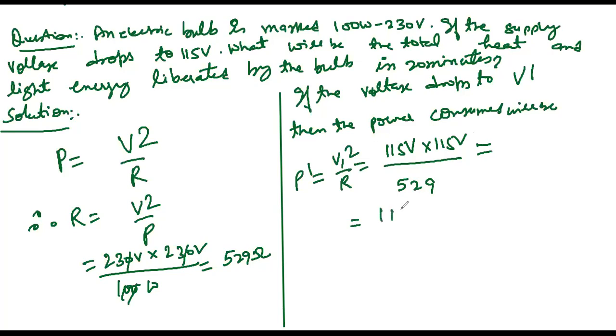This can be written as 115 into 115 divided by 23 into 23. So 5 into 5, 25 watt.